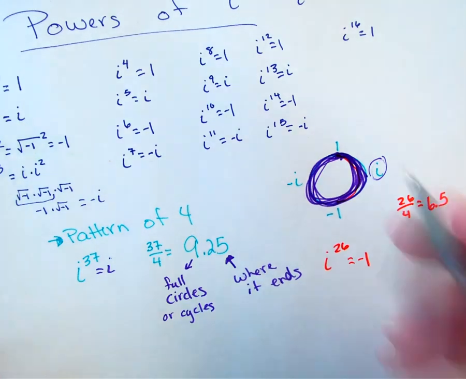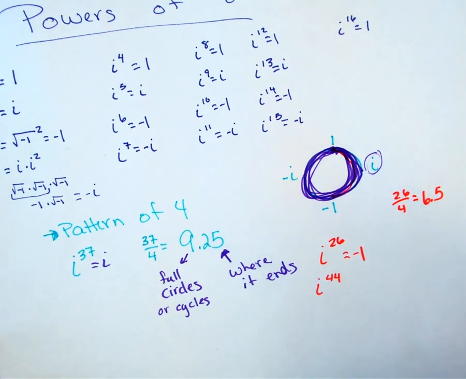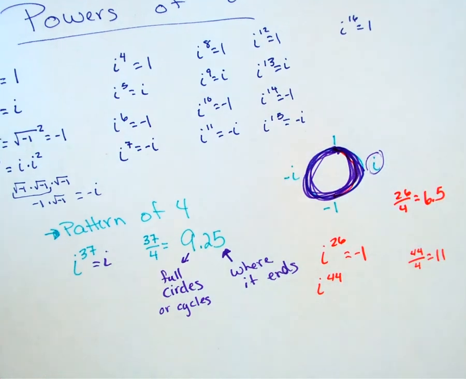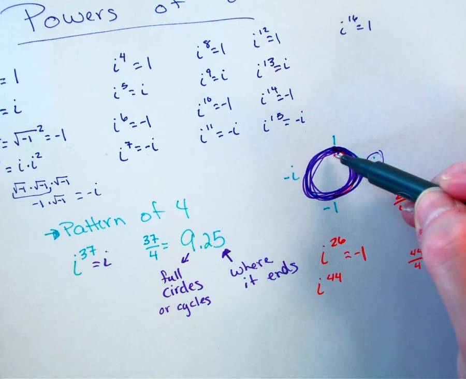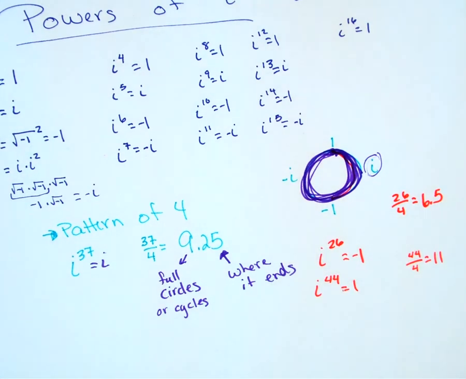Let's try another one. Let's try i to the 44. So if I do 44 divided by 4, I get 11. There's no decimal there. So that means it just does 11 full cycles, and then it's done. So that simplifies to a 1.